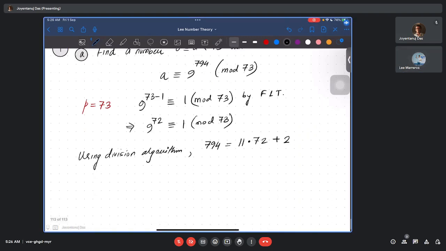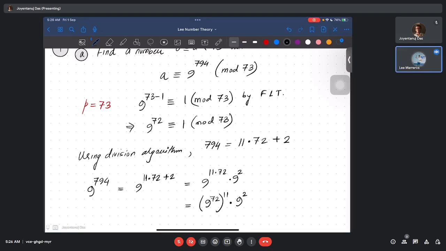Okay, so now we can start with 9 power 794. This is nothing but 9 power 11 times 72 plus 2, which is 9 power 72 times 11 times 9 squared. So now I can write it as 9 power 72, then whole power 11, times 9 squared.